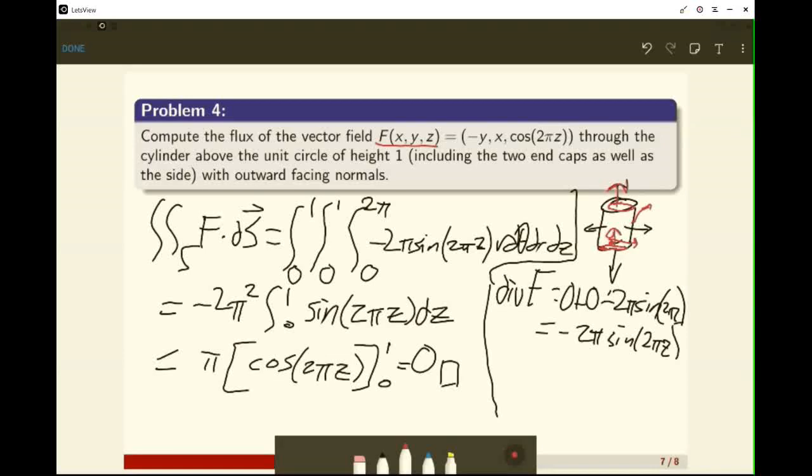On the upper plate, the vector field is going to be parallel to the normal, and on the lower plate the vector field is going to be anti-parallel, going exactly opposite. And so the two plates are going to cancel each other out. But we would get values for them that we would have to compute if we didn't make that argument and were doing it by hand.